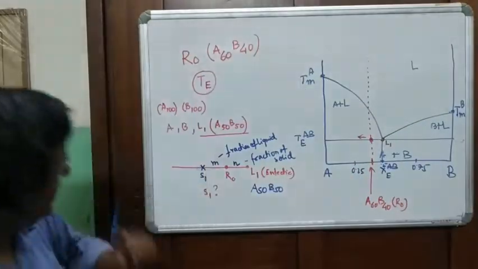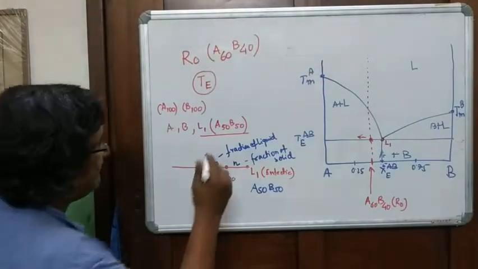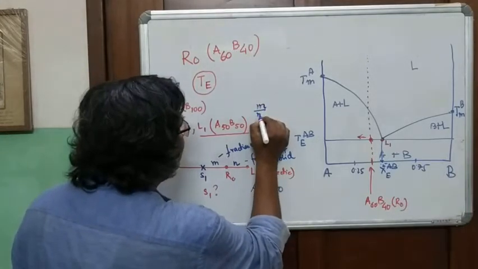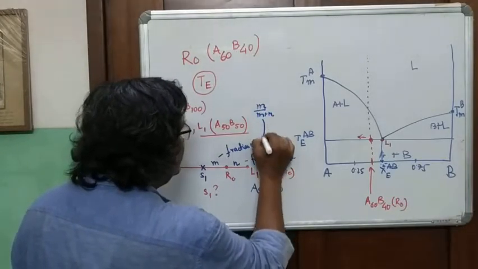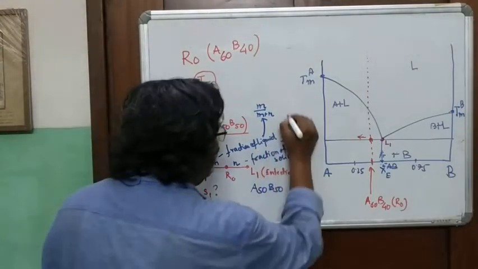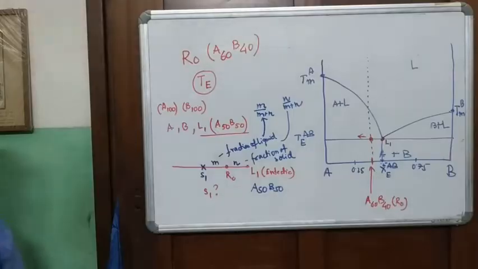And I know here that this is M and this is N. So the fraction of liquid is equal to M divided by M plus N. This is the fraction of liquid. And what is the fraction of solid? N divided by M plus N.